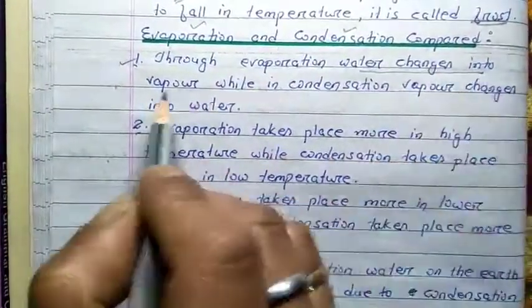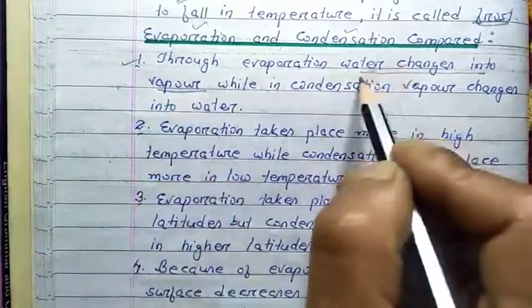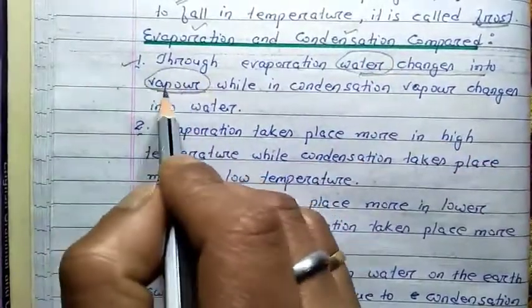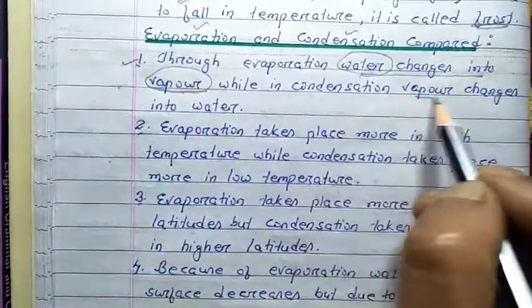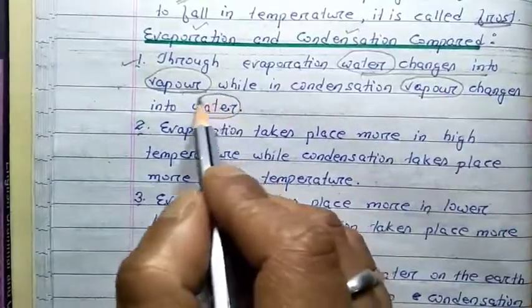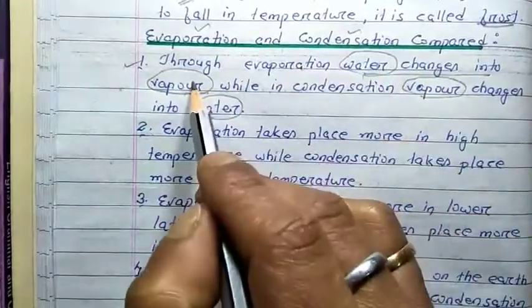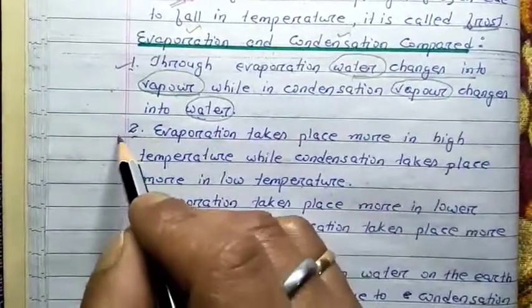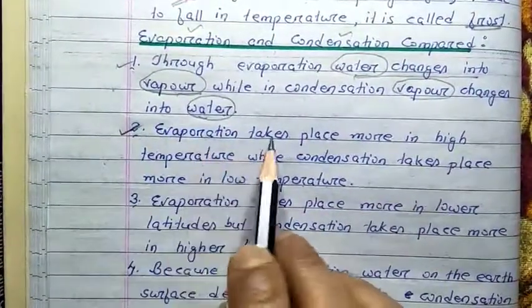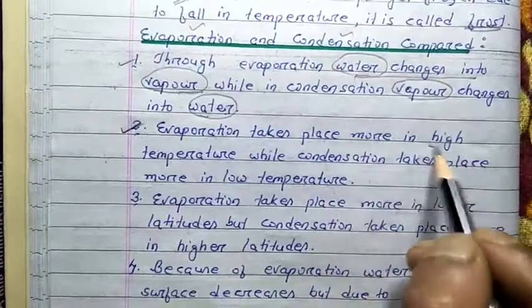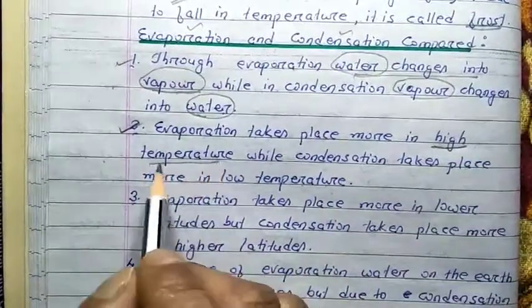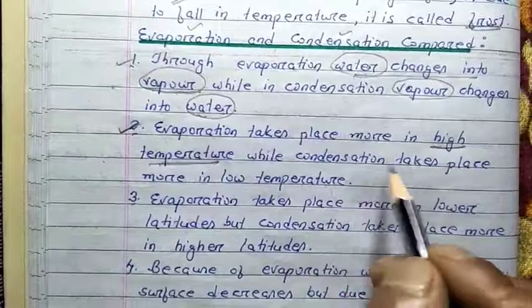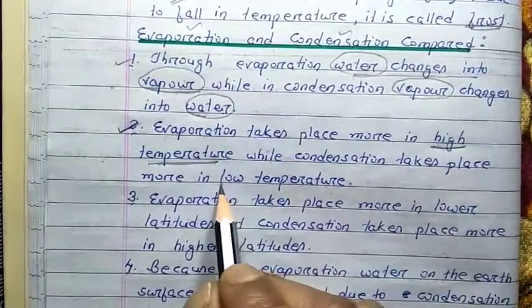I already told you, in the process of evaporation, water changes into vapor, while in condensation, vapor changes into water, just opposite. In evaporation, water to vapor; in condensation, vapor to water. That's the first difference. The second one is, evaporation takes place more in high temperature. If temperature is high, evaporation will be high, and condensation takes place more in low temperature.